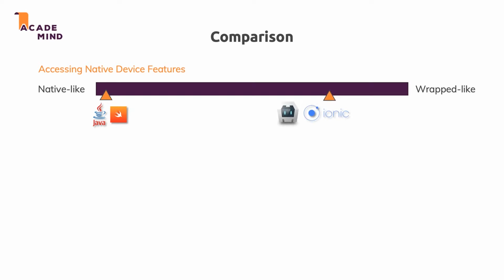For Ionic, we're a bit further on the right, though it really depends on which feature we're talking about. Ionic, and with their Capacitor project, which is run and developed by the same company, you got access to a lot of core native features in a very, very simple way. So if you're just working with some basic, simple features like the device camera, you could definitely move that further to the left.